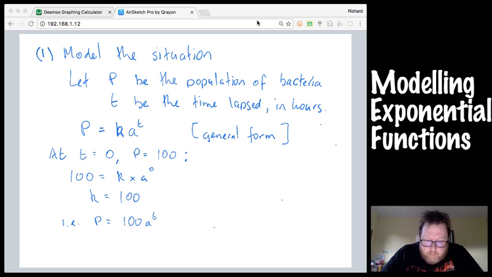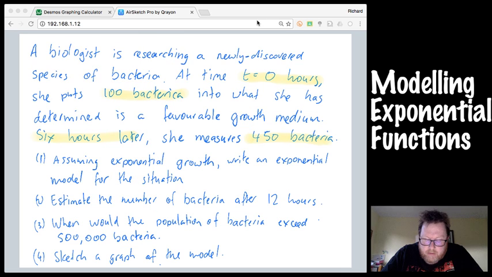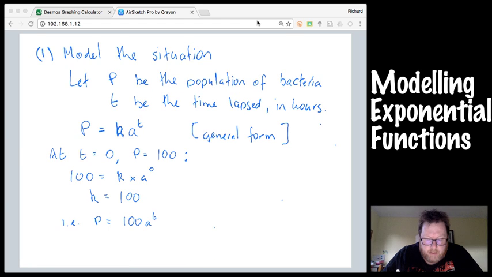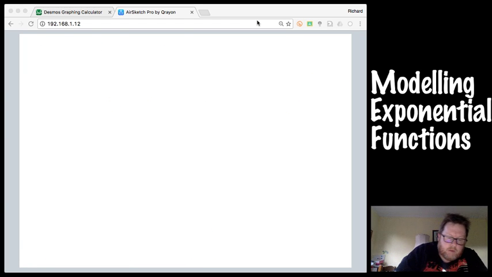Okay, well, we also know that 6 hours later, she measures 450 bacteria. It says that there. 6 hours later, 450 bacteria. So 6 hours later is when t is equal to 6. 450 bacteria means that the population is 450. Awesome. So we can say at t equals 6, p equals 450.